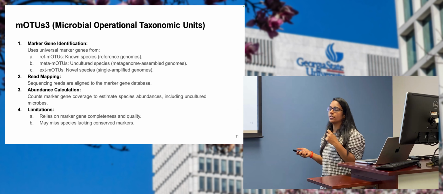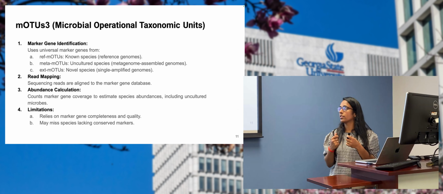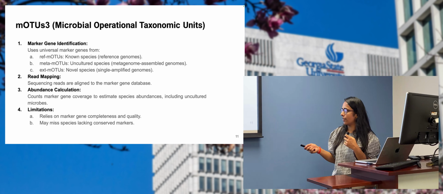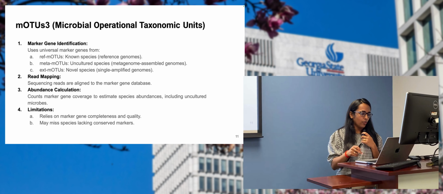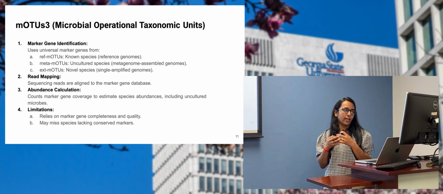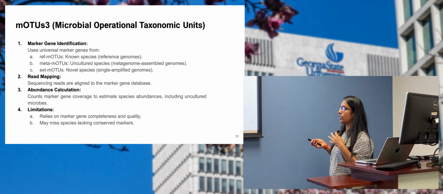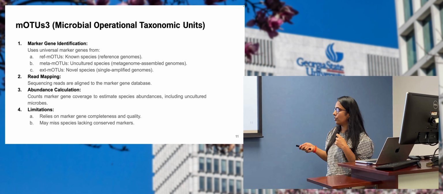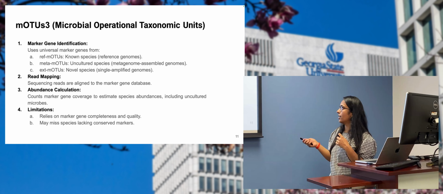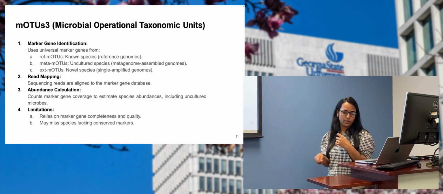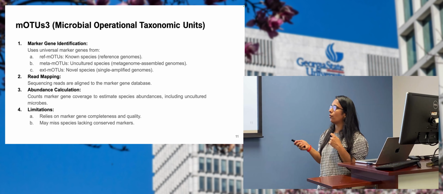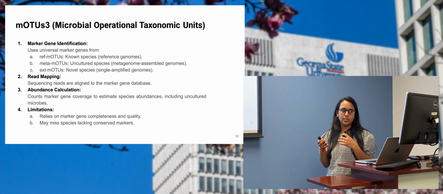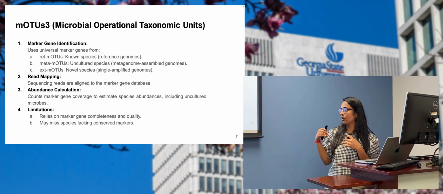Whatever you have in the environmental sample, you try to map using these references. Then for profiling, the percentage of a particular gene in that environment is counted by marker gene coverage to estimate species abundance, including uncultured microbes. So it's very good for uncultured microbes, or novel organisms that are new to the environment.